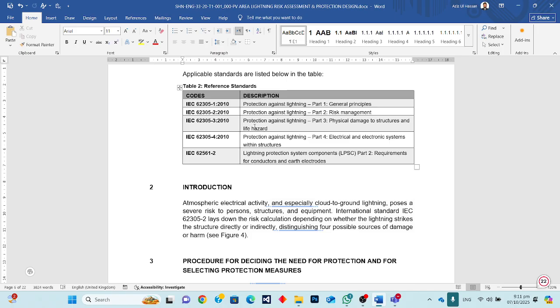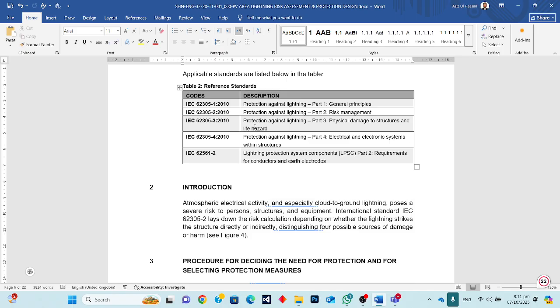There are four classes of lightning protection system: class 4, 3, 2, and 1. Class 1 is the most expensive protection system, then class 2, then class 3, and then class 4. The lowest is class 4, which is cheaper, but the risk of lightning is higher in that case.